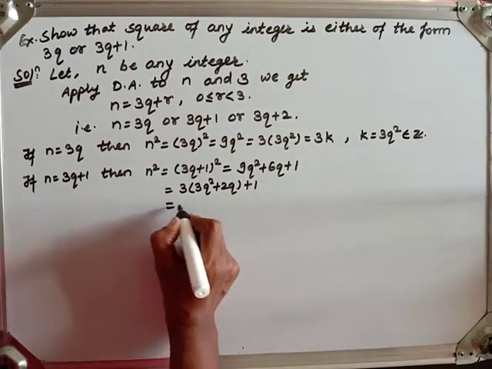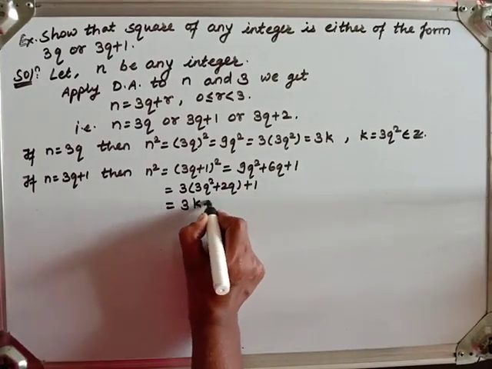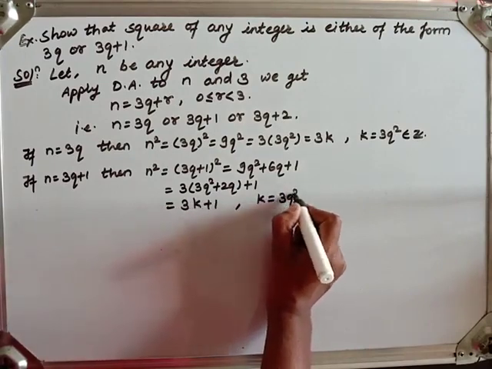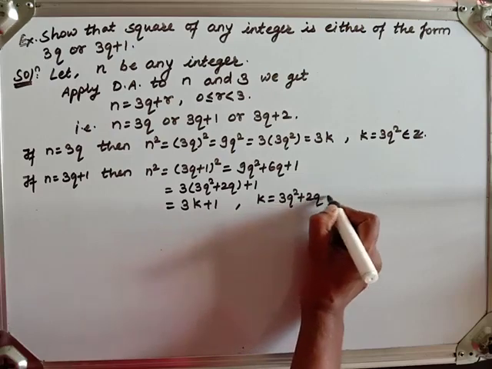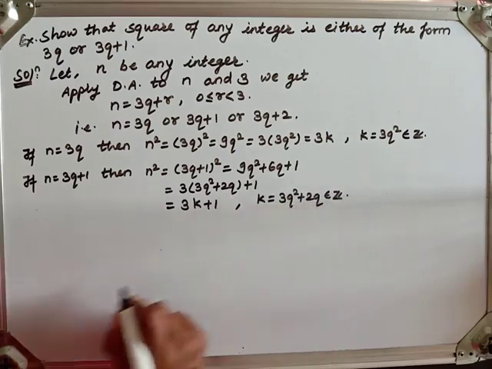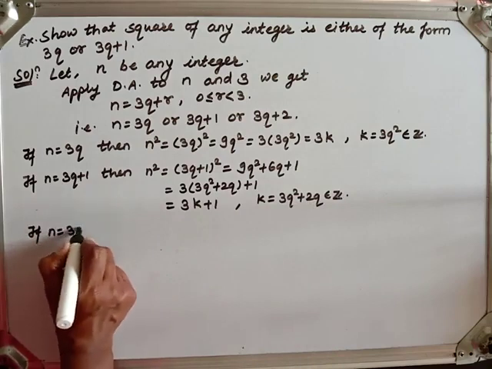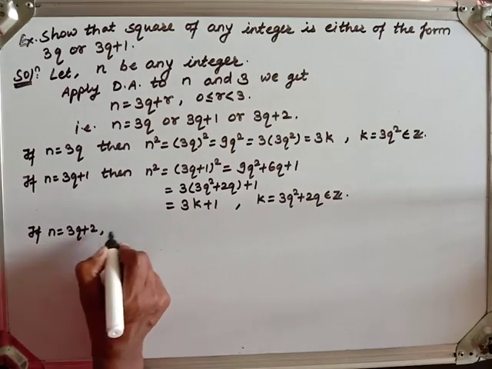So that will be 3k plus 1, where k is equal to 3q square plus 2q, which belongs to the set of integers.